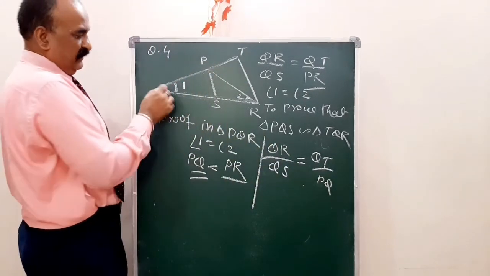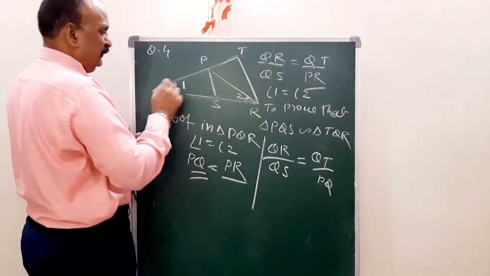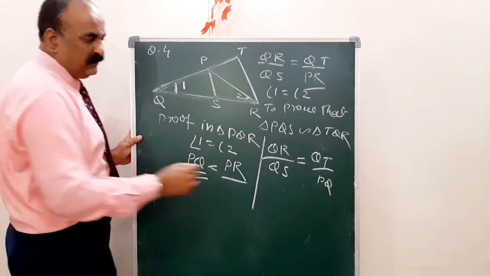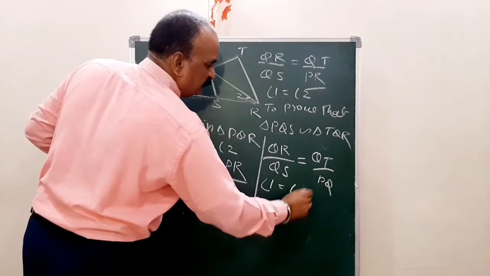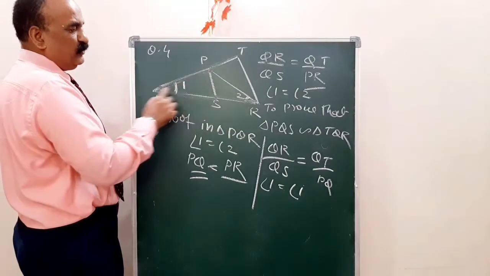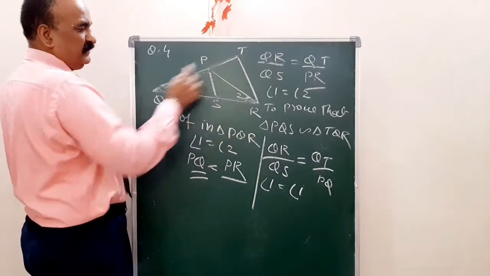This upon this is equal to this upon this. And angle 1 is equal to angle 1, a common angle. It means triangle PQS is similar to triangle TQR.